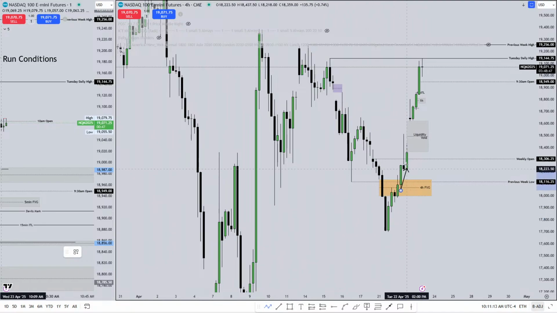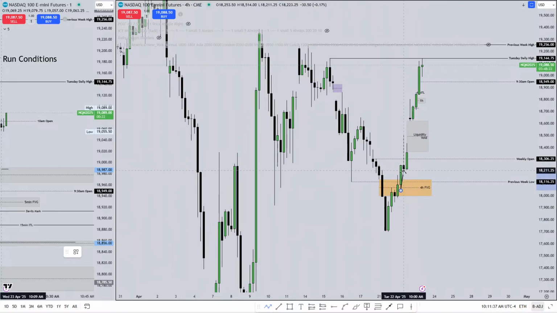If we displace through this and close above, well, since there aren't any really obvious fair value gaps on the left hand side right here, then you could have a bullish bias after that, as long as we trade through this okay. But this gives you a lot of space. Even when you get that confirmation that we switched from a sell model to a buy model, right?